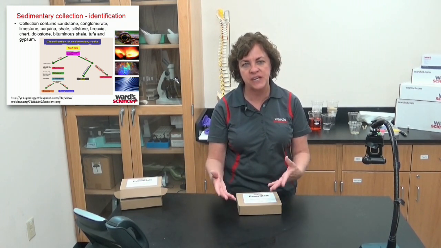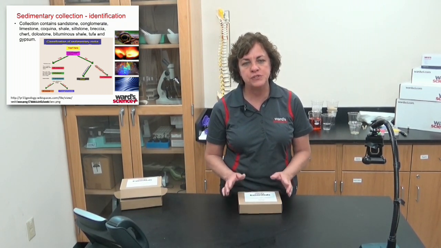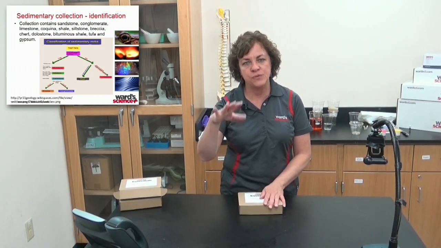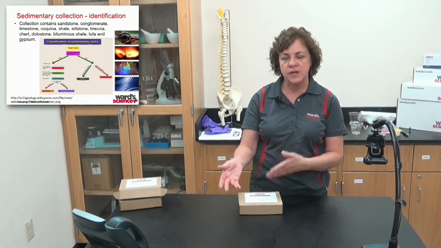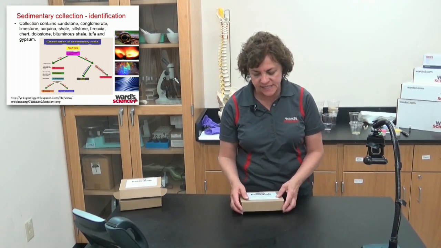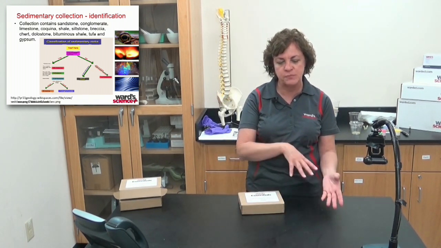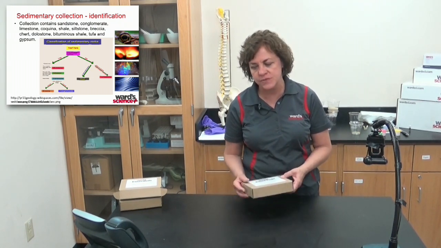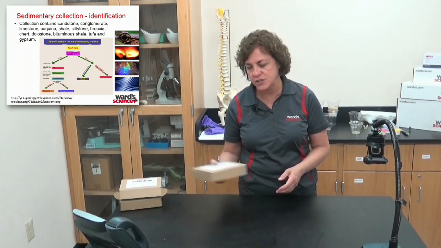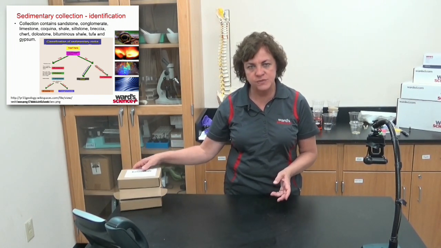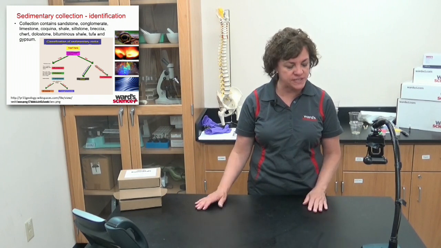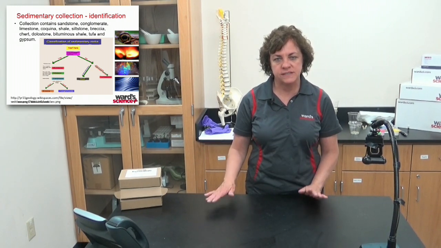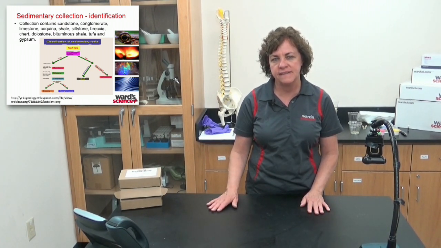I've picked a random classification of sedimentary rocks, but you can certainly take this set and go through the same process: is it a rock, is it a mineral, is it jagged, is it rounded pieces, jagged as breccia, rounded as conglomerate. And just like I said with the others, it's a good selection process to teach students to distinguish between differences. All right, any other questions about that?